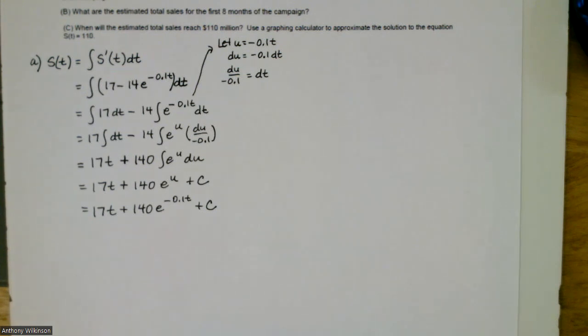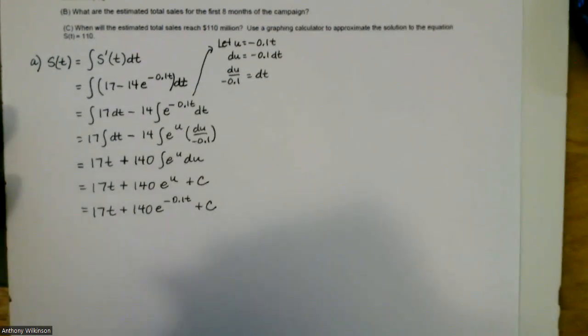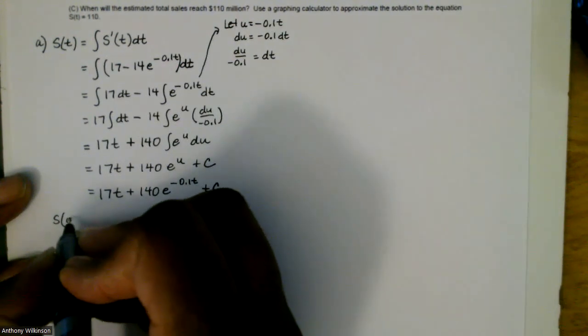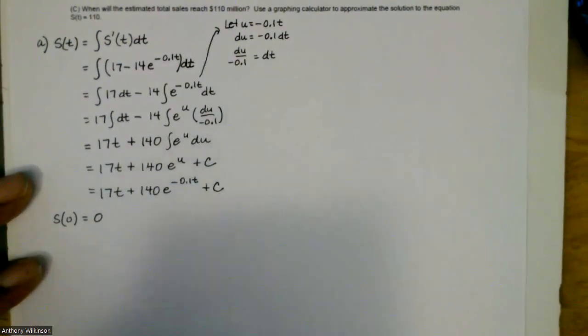Now, we're told that if we assume no sales at the beginning of the campaign, we need to find out what would be the total sales. So that means in this case, if there were no sales, S of 0 will have to be equal to 0.